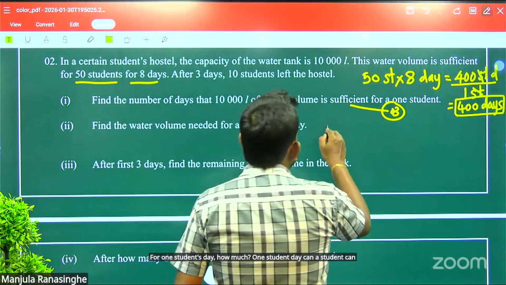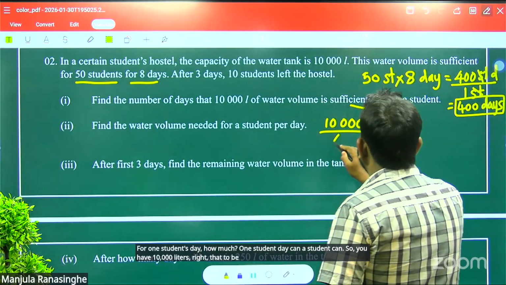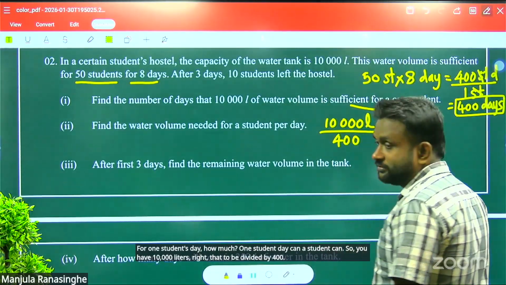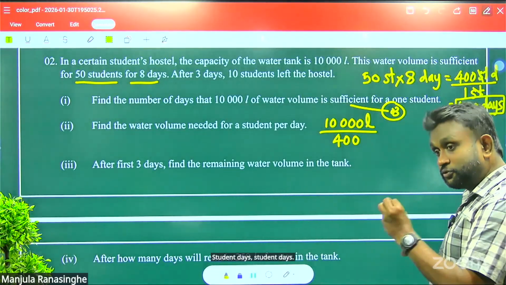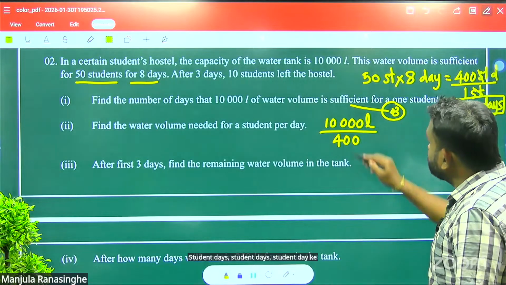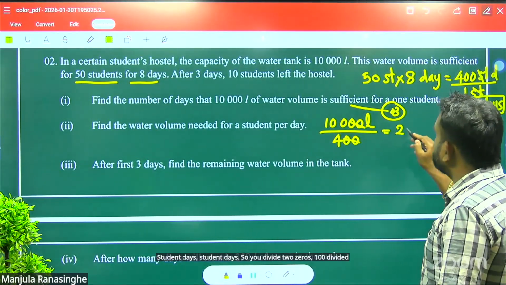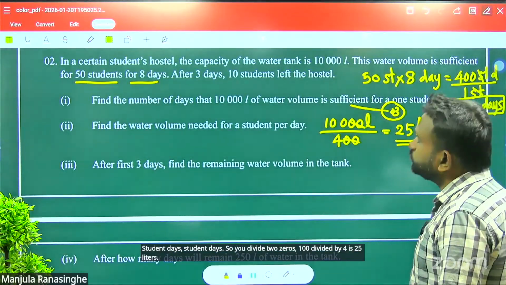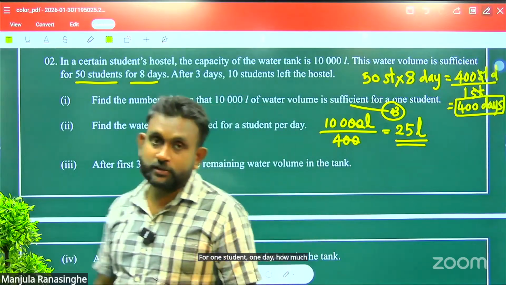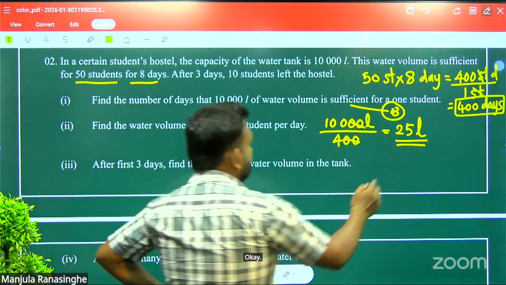So you have 10,000 liters, right? That is to be divided by 400 student days. You divide the two zeros. 100 divided by 4 is 25 liters. For one student's one day, 100 divided by 4, 25. Okay, so you have 2 marks there.